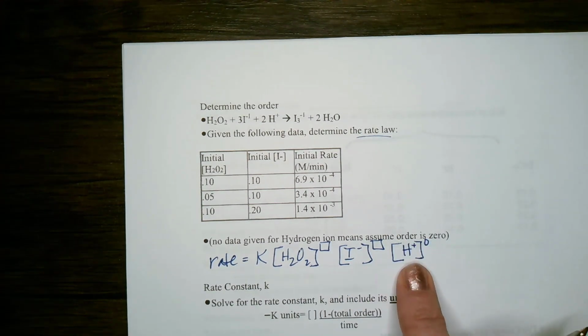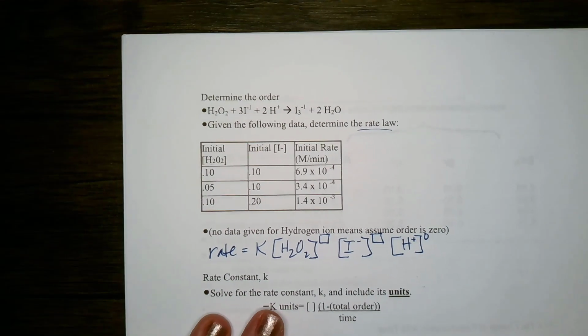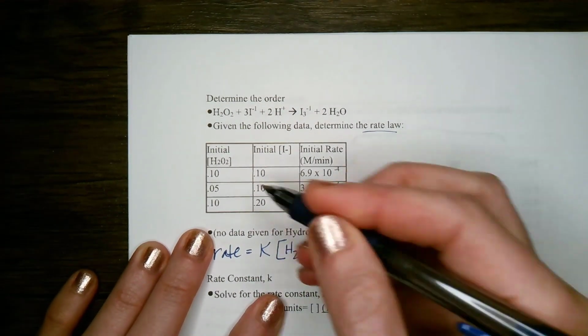And that, again, we assume is to the 0 order, it said. So you could leave it out, or you can just write it to the 0 order.